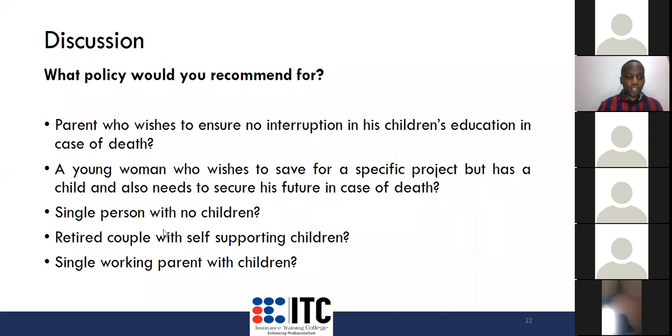For this particular question, a retired couple with self-supporting children, in actual practice, you'll find that there may not be any product that works for them. Sometimes a term life may be the most suitable. Endowment rates usually stop at age 70, and I'm assuming the retirement age is around 65.